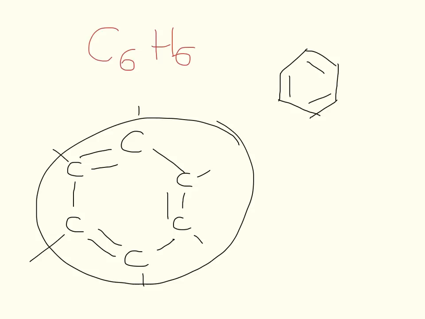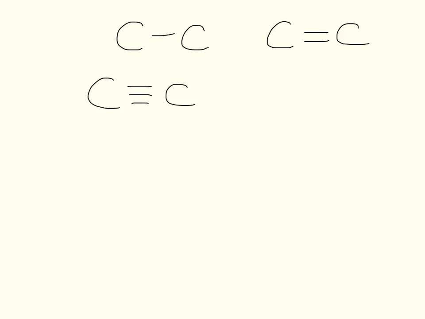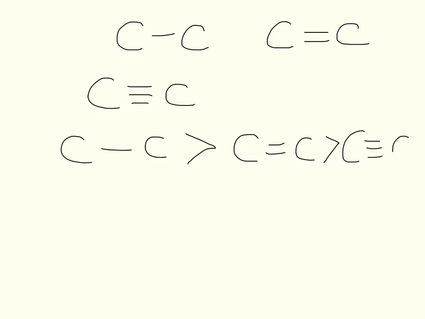When scientists were working on this structure, you have to remember that carbon-carbon single bonds, double bonds, and triple bonds have different bond lengths. A carbon-carbon single bond is longer than a carbon-carbon double bond, which is even longer than a carbon-carbon triple bond.